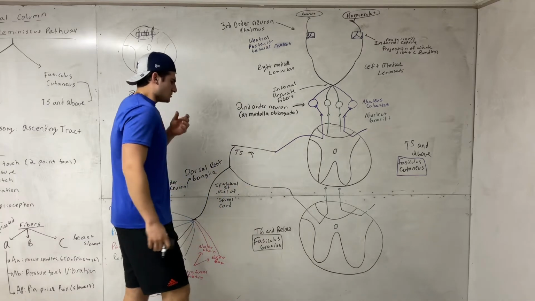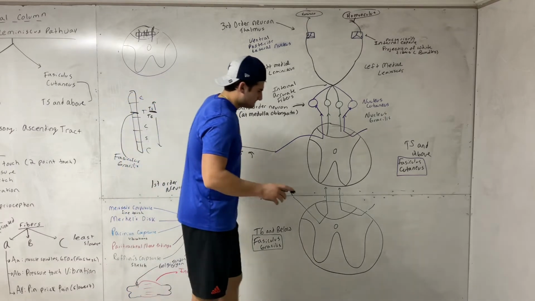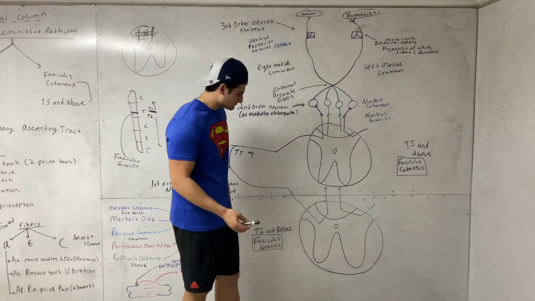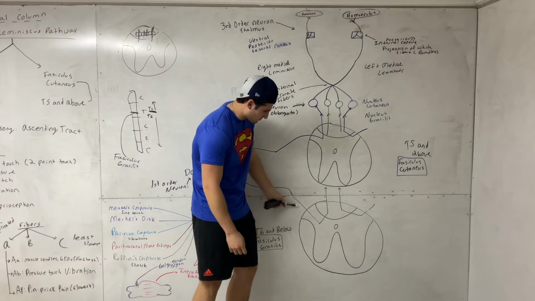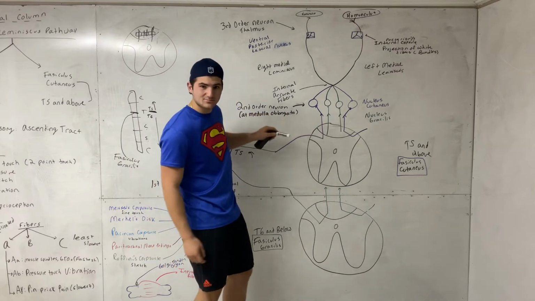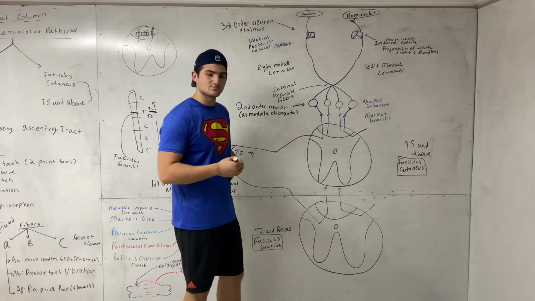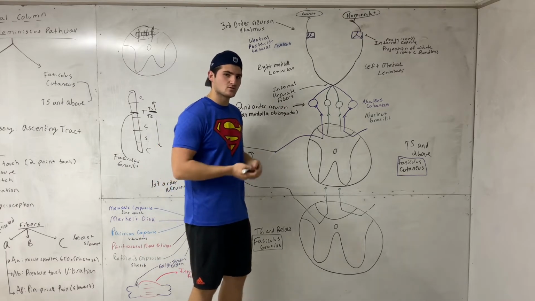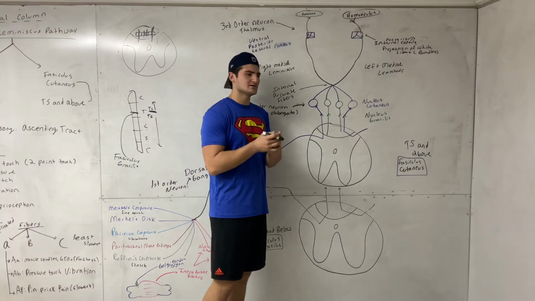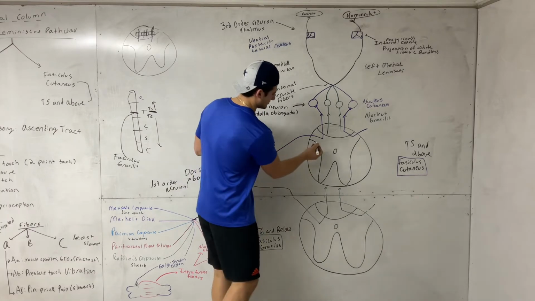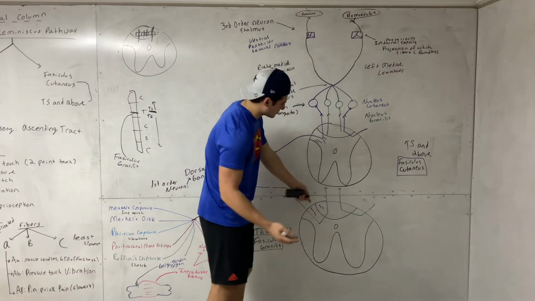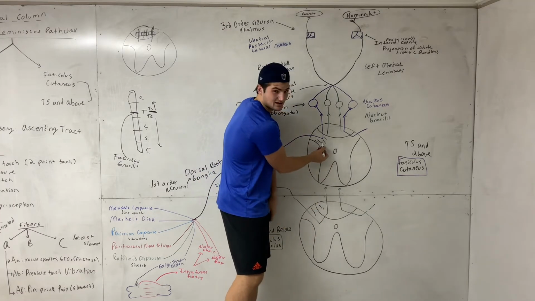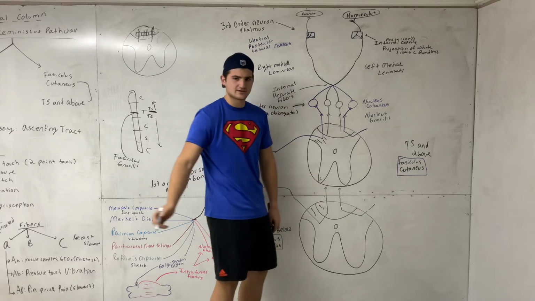Okay. Now, before I get too carried away, what else do I want to mention here? Where is it traveling through? Well, it's traveling through the top part. And what's the top part? The posterior gray horn. We talked about the gray horn, right? What was the horns for? We have the posterior gray horn and the anterior gray horn.